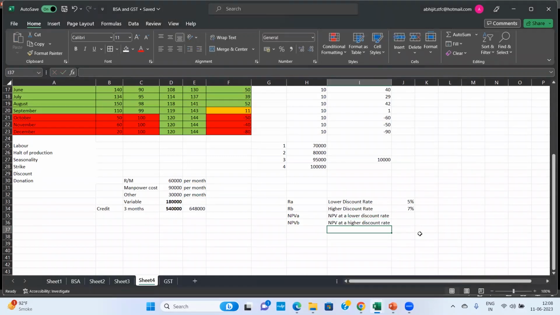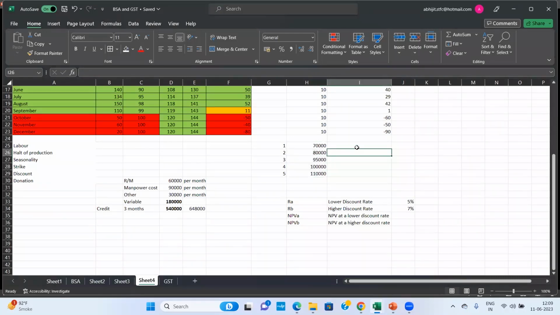Now, knowing these cash flows, say I'm considering the 5th year also, that is 1,10,000, right? Can I calculate NPVA and NPVB when I know my RA is 5% and RB is 7%? Can I do that? Yes, no? Yes. Please calculate NPVA and NPVB and write down. This is your cash flow on a year-on-year basis.